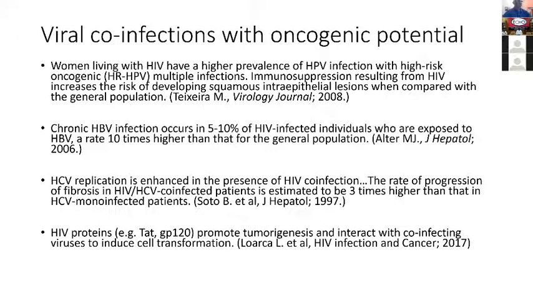And it has been found that some proteins within HIV itself, so TAT and glycoprotein 120, actually promote tumorigenesis and interact with co-infecting viruses to induce cell transformation into neoplastic cells.